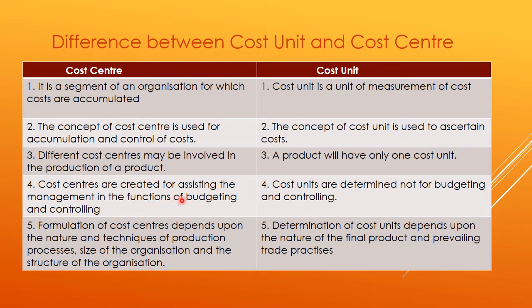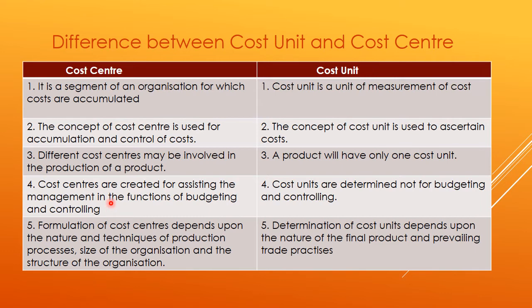So the expenses incurred there or forecasted to be incurred can be accumulated there, and that can be used for assisting the management in the functions of budgeting and control.